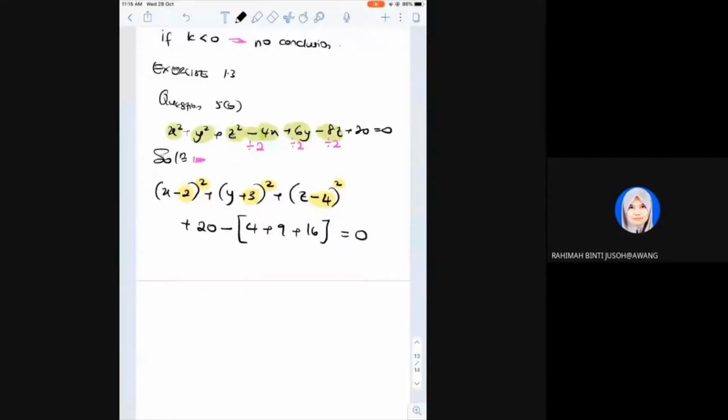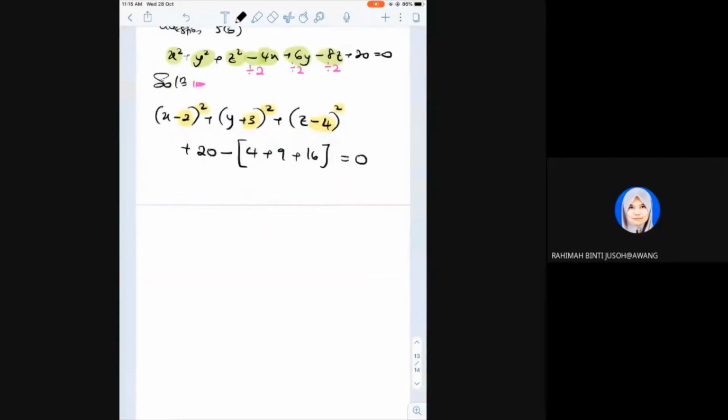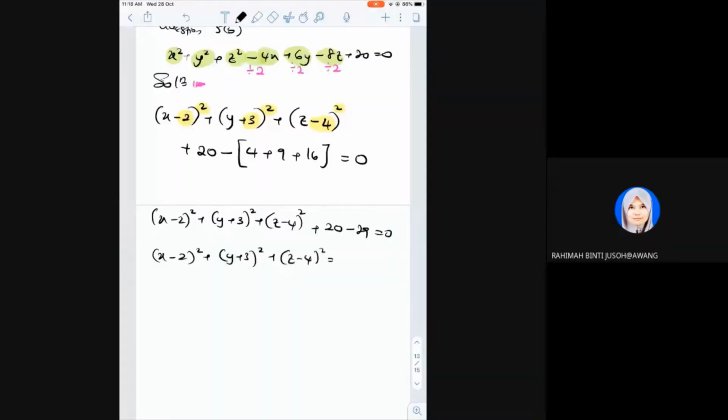Okay. So let us solve this equation. Then we will get x minus 2 squared plus y plus 3 squared plus z minus 4 squared plus 20 minus 4, 9, 13, 16, 29 equals to 0. So we will have x minus 2 squared plus y plus 3 squared plus z minus 4 squared equals to -9, pindah sebelah kanan should be +9, right?